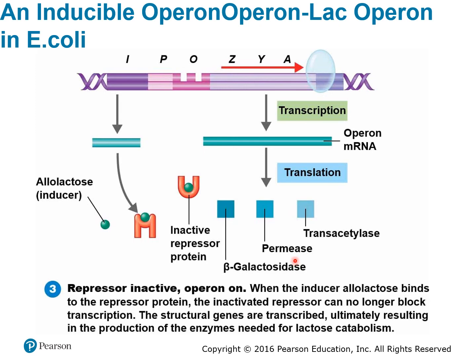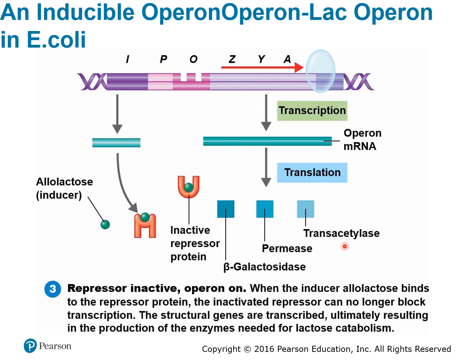Then there's permease, which is a protein that's going to help E. coli actually absorb lactose. And then there is acetylase, and that's a protein that can also help E. coli break down other sugars other than lactose.